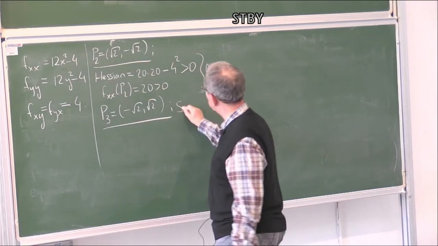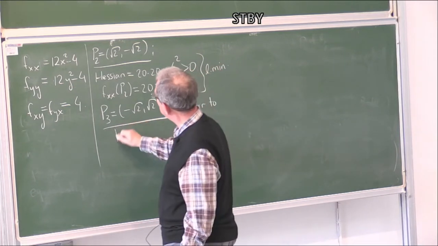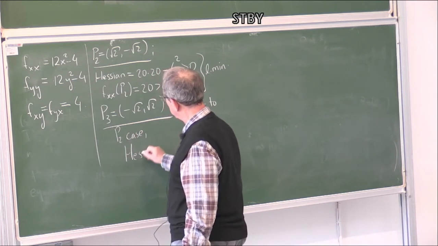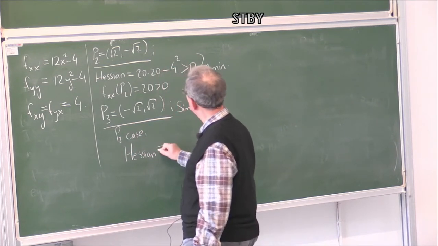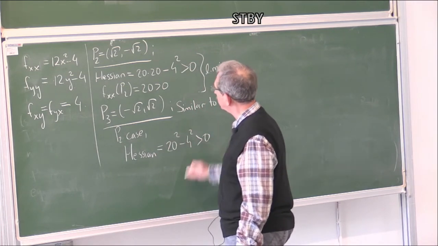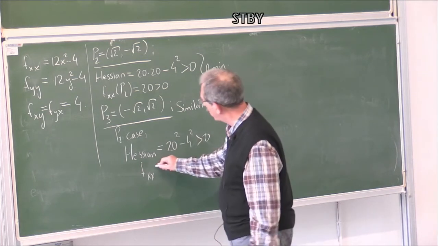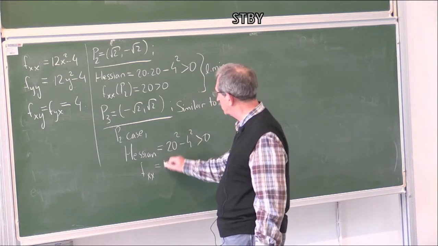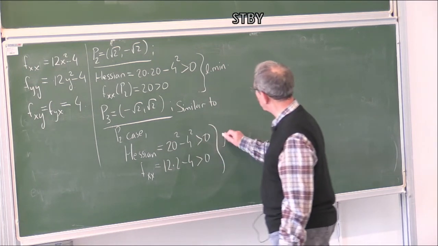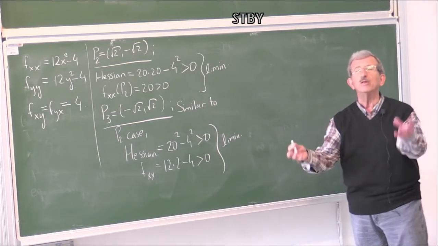So similar to the P2 case, Hessian would be 20 squared minus 4 squared, positive, and fxx would be 12 times 2 minus 4, positive. So this is a local minimum likewise. So we have 2 local minima.